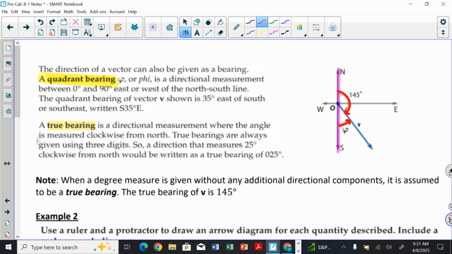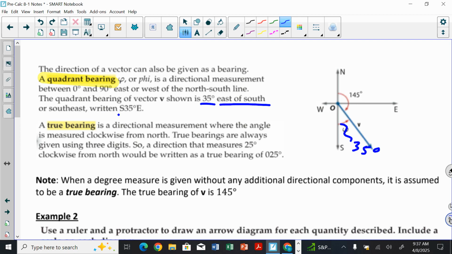So, for example, this first one here, let me clear that out for a second. This angle right in here was 35 degrees, okay? We would say that that is written as, since it's vector V, 35 degrees east of south, or southeast we'd call it, but east of south.